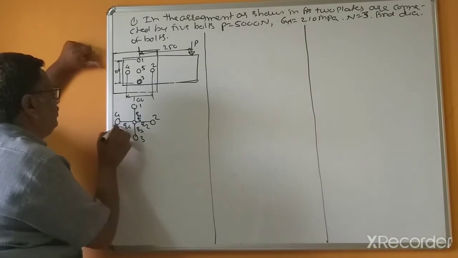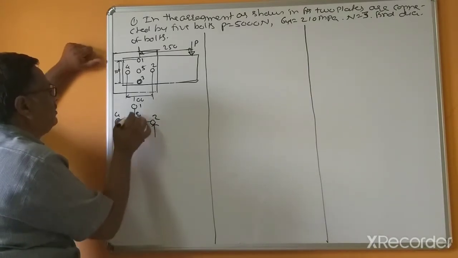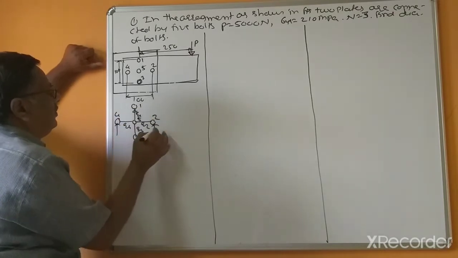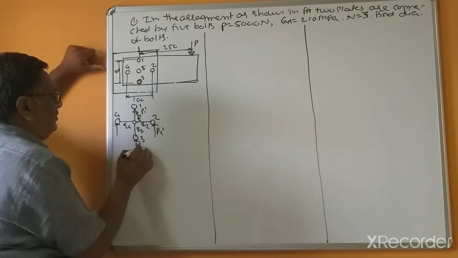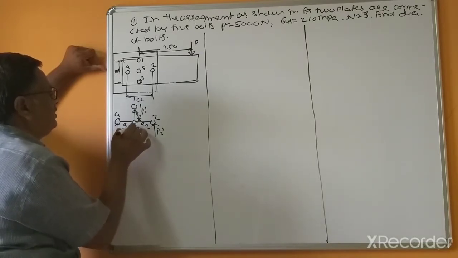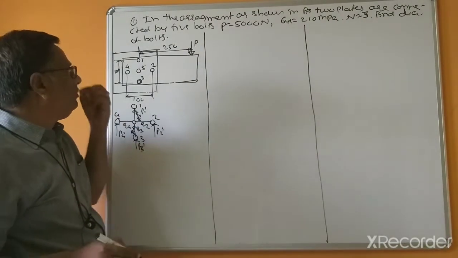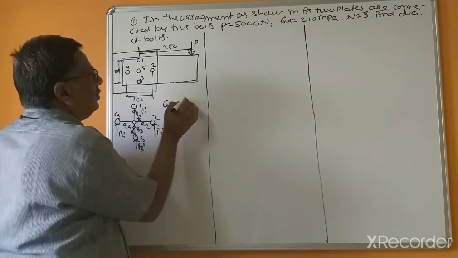So primary shear force is acting on each bolt, and this is P1 dash, P2 dash, P3 dash, this is P4 dash and here is P5 dash. So what is given? Sigma YT equal to 210.